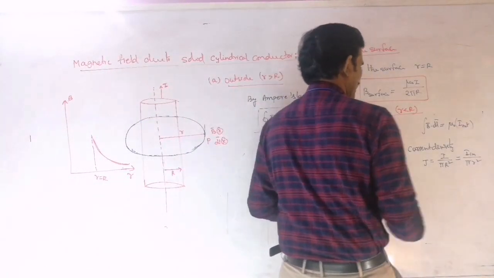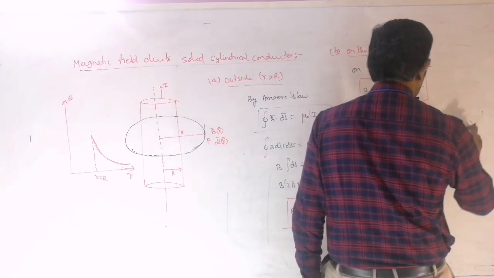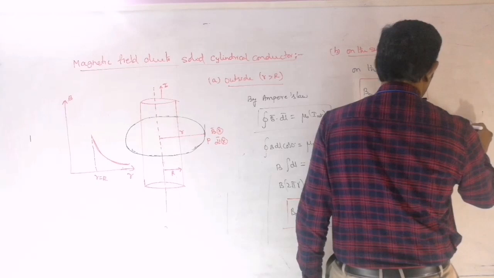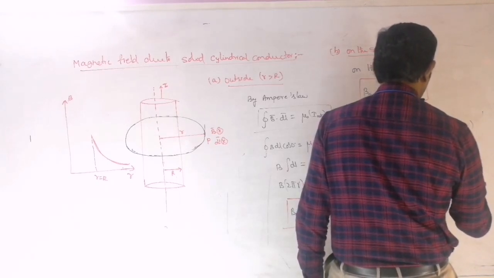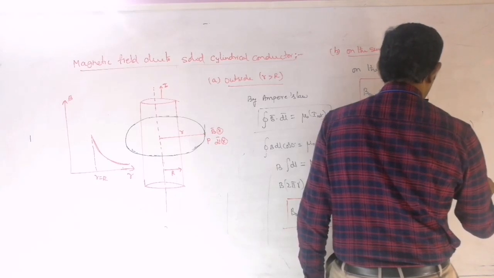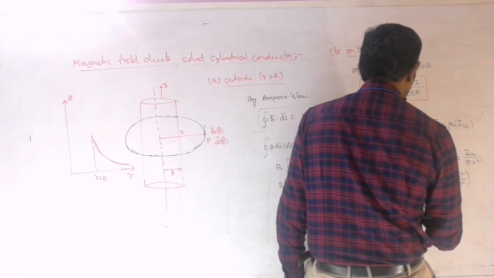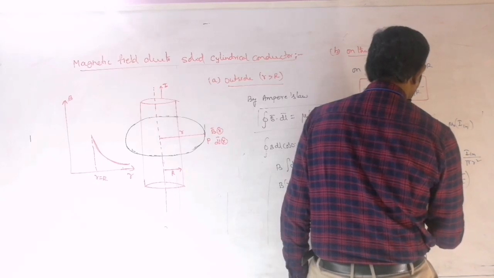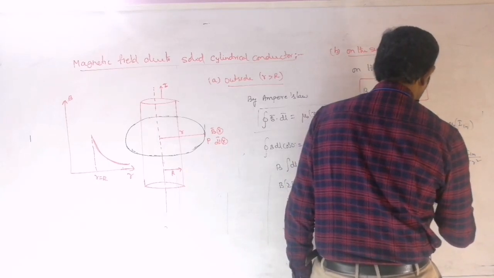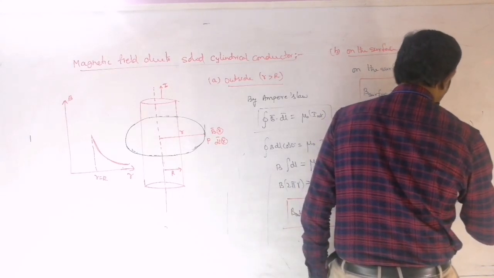From this I can calculate the I in value. So current enclosed is I into small r square by capital R square. Therefore you can use Ampere's law here. Integral of B bar dot dL bar, or B into dL into cos 0, is equal to mu naught into I in.